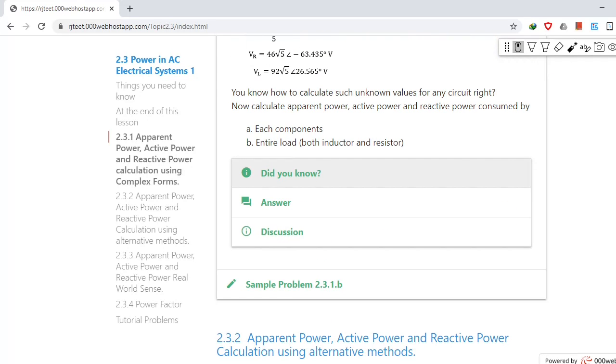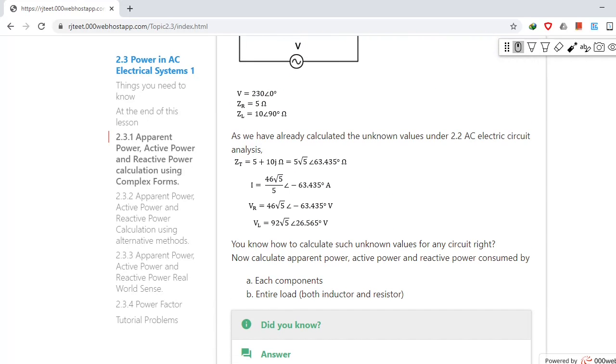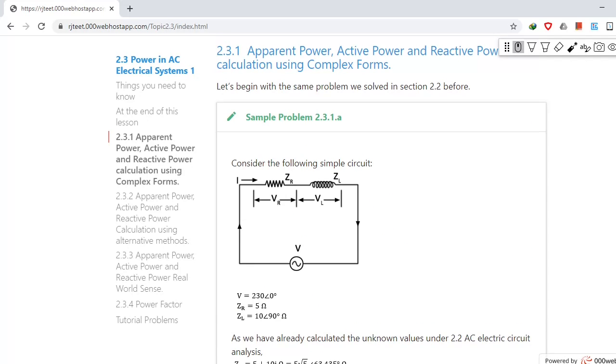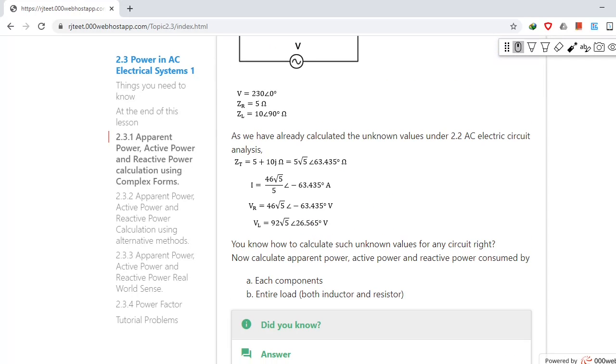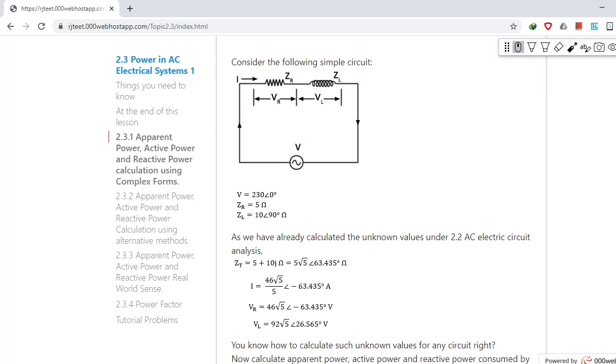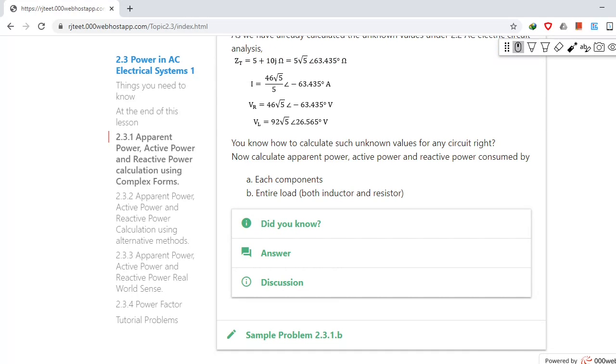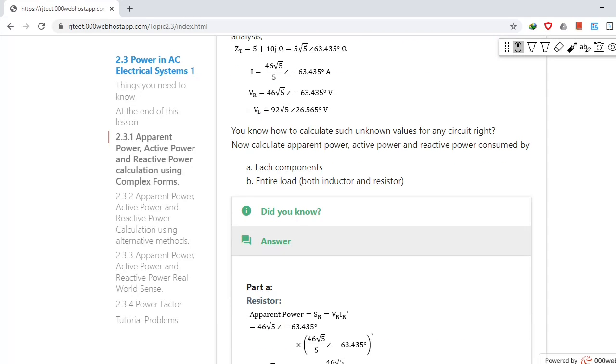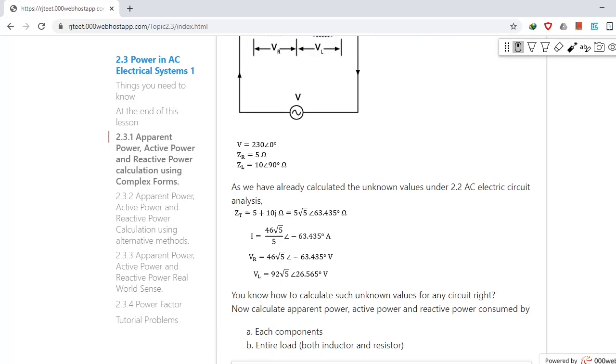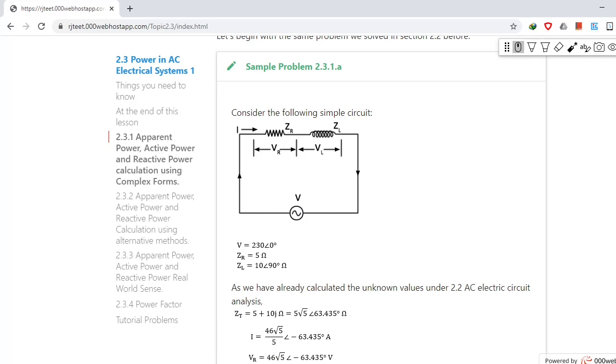And right, so let's go back to our problem. So with that knowledge, we need to find the apparent and active and reactive power components for this circuit. Right, let's try to answer the problem. And in part A, it asks for the apparent, active and reactive power components of each element.